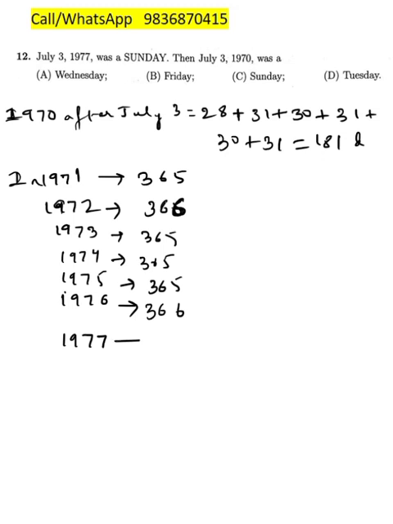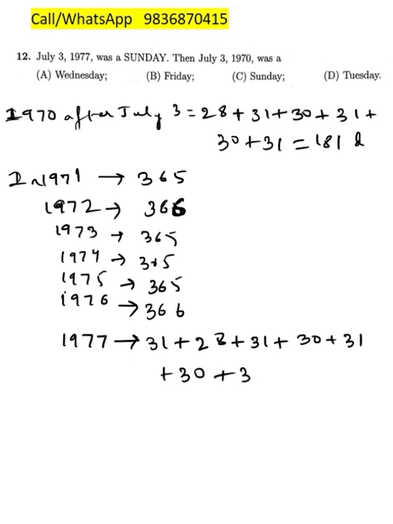Till July 3: January 31, then February 28 because this is not a leap year, then March 31, April 30, May 31, June 30, and for July you have 3 days.